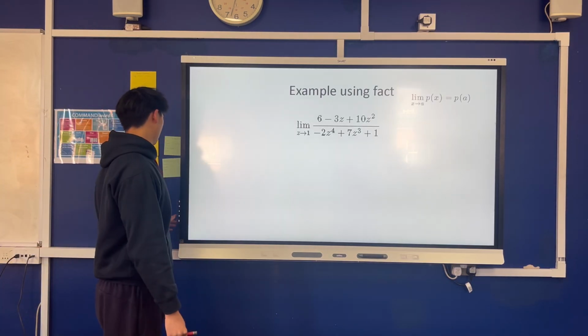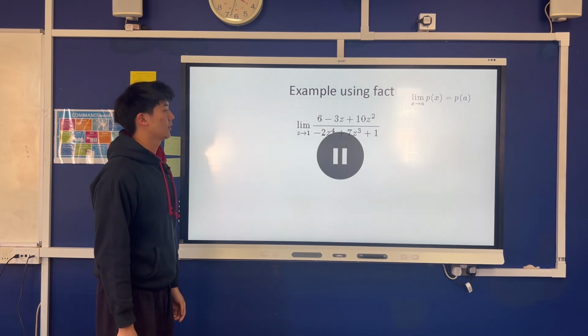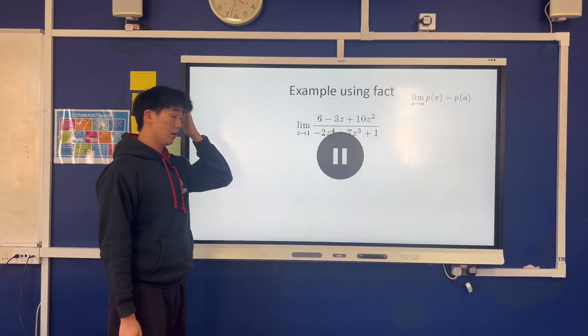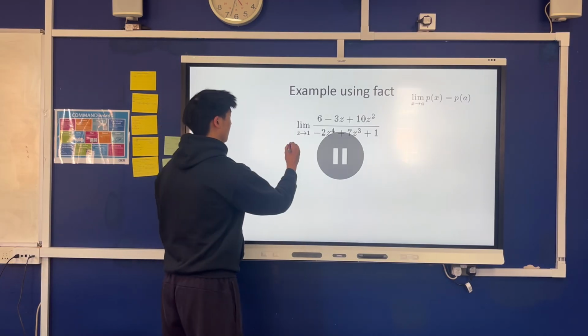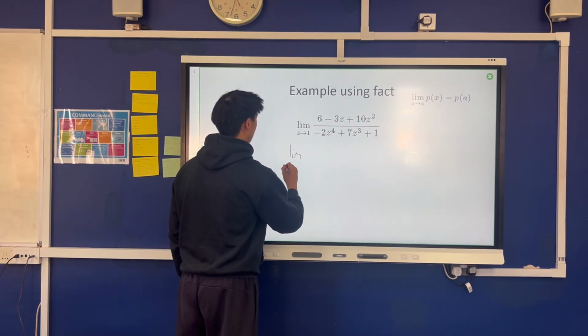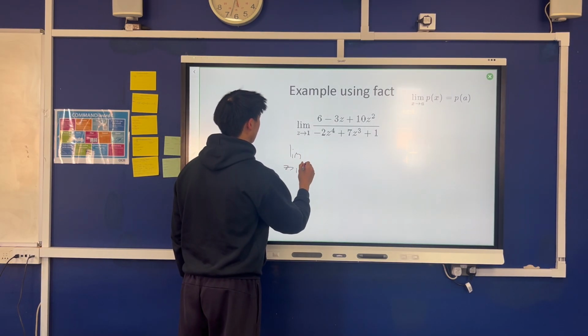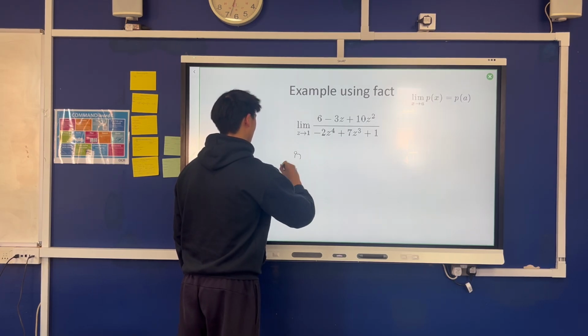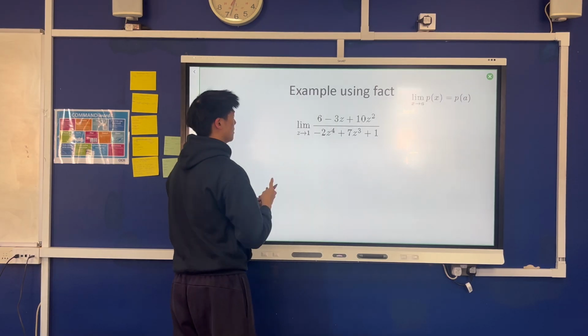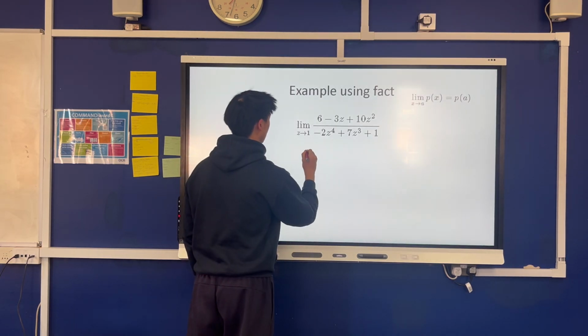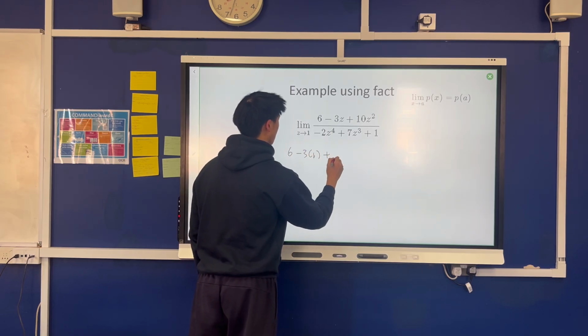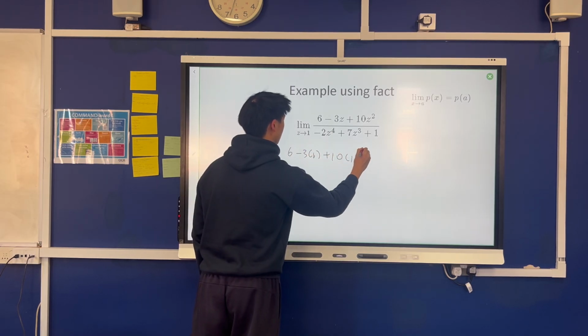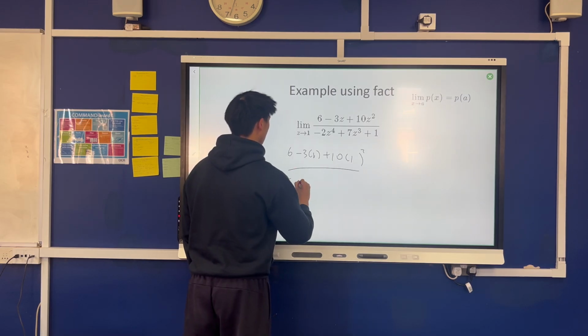For this one, using the polynomial fact, we can just solve this directly by plugging in. We just plug it in, so we get 6 minus, plus 10 minus 2.